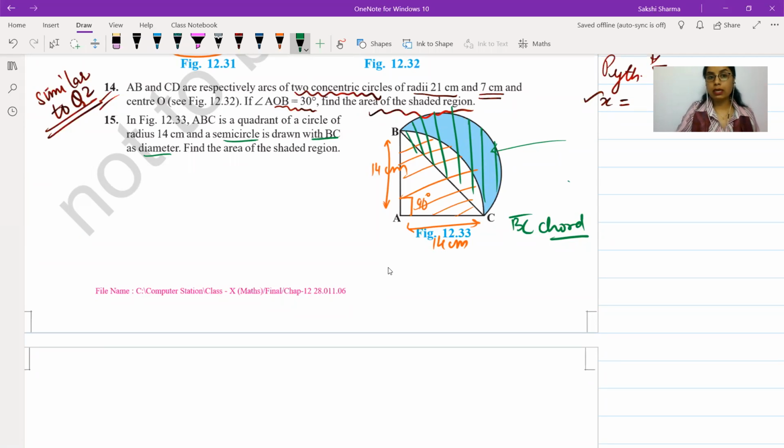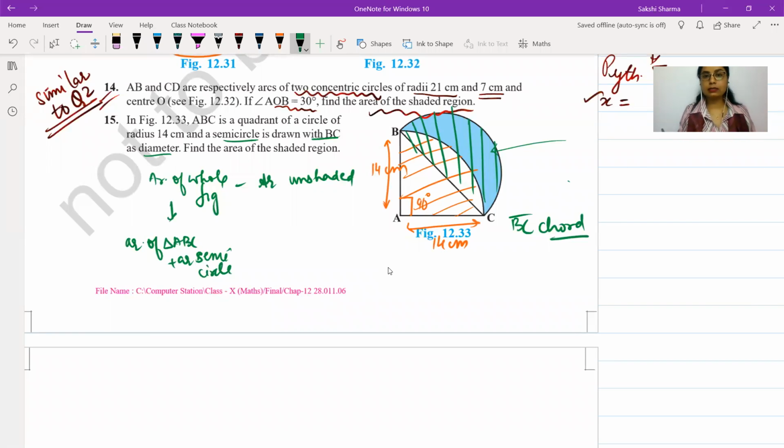If you look at the whole figure, it is made up of two distinct parts: the area of triangle ABC and the area of the semicircle. Is that correct? Yes, ma'am.